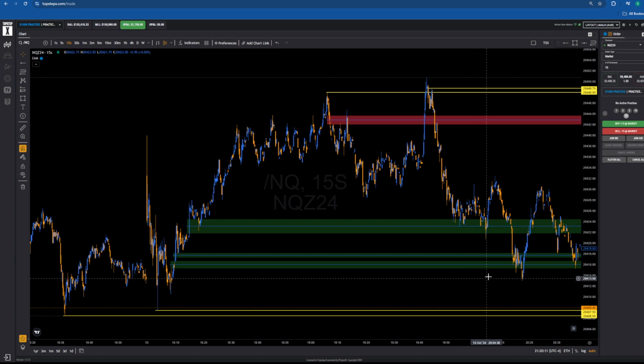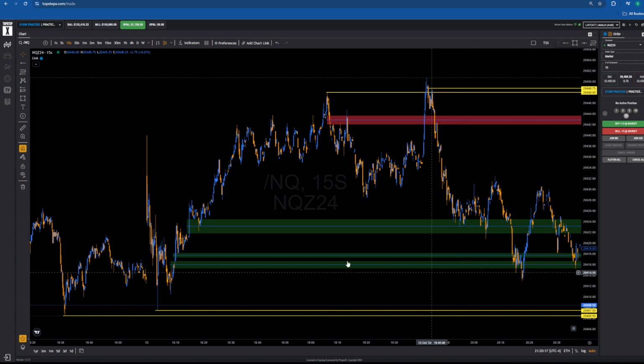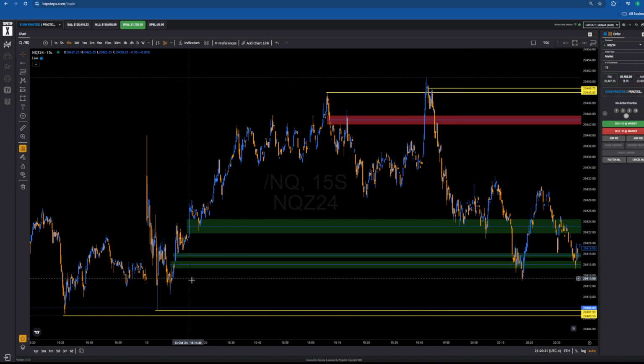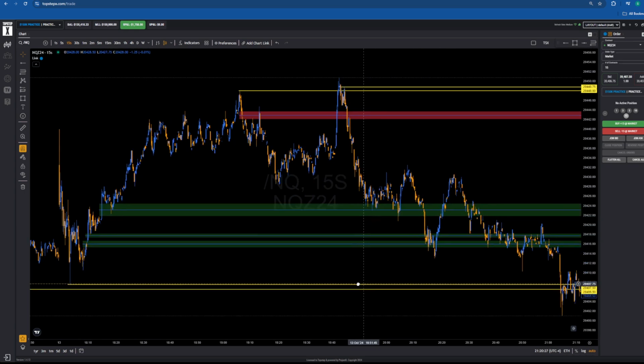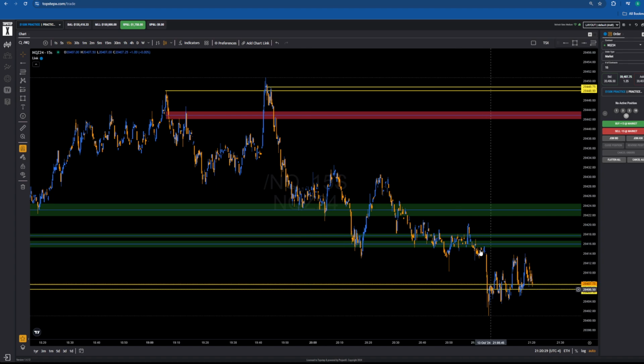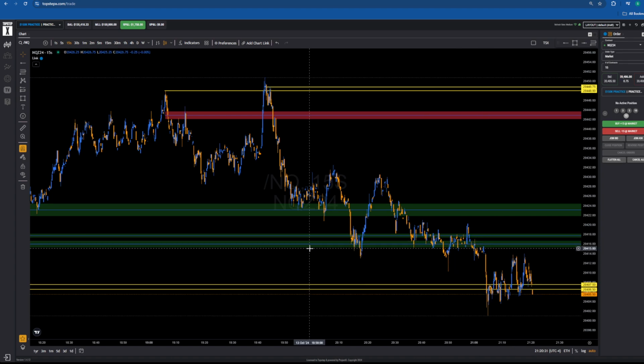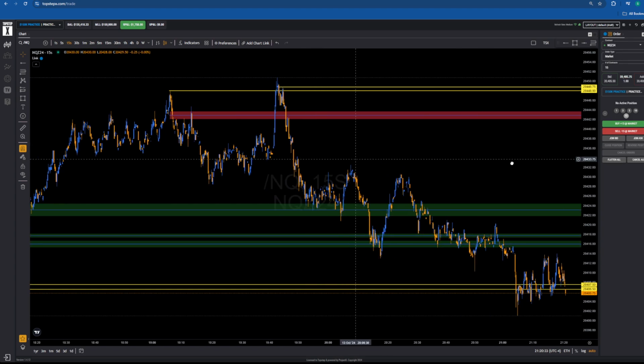I was even out here already, at these fair value gaps where I like to book my profits, the initial levels where I clearly know the market will go. But eventually these two were also targets for the market to come down, and eventually it cleared all those levels. But it was pretty interesting.